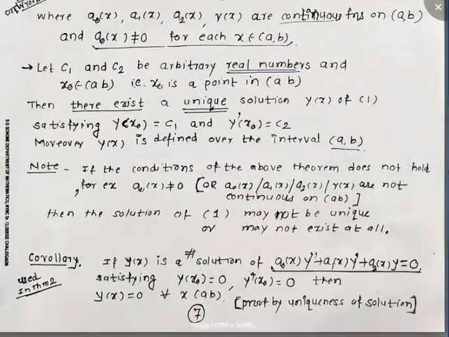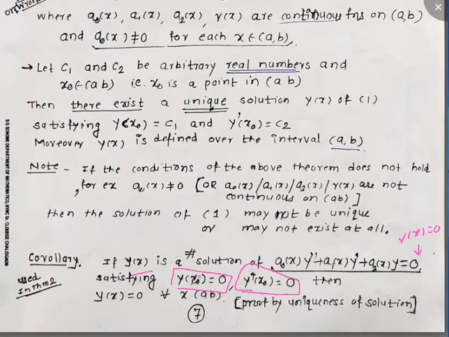Now, one important result. This is a corollary to the existence and uniqueness theorem. Now, on the right hand side, we are taking r(x) equal to 0. So y(x) is a solution of a0(x), a1(x), a2(x) as it is, with right hand side r(x) equal to 0, and satisfying that its value at x0 is 0 and the value of its derivative at x0 is 0.